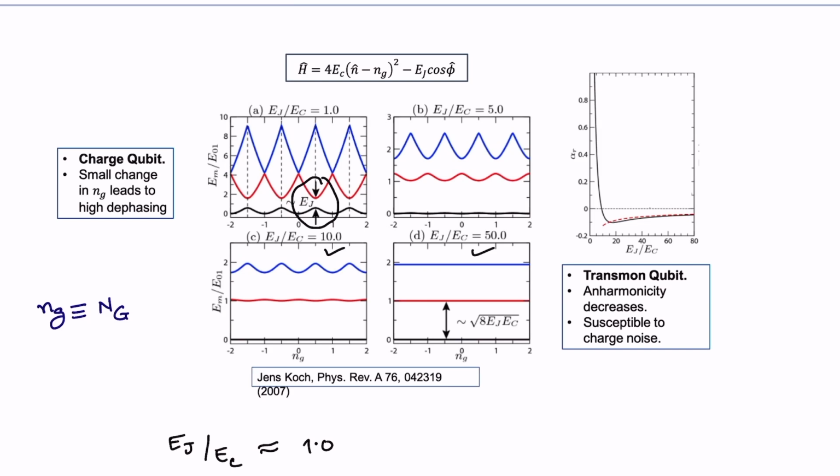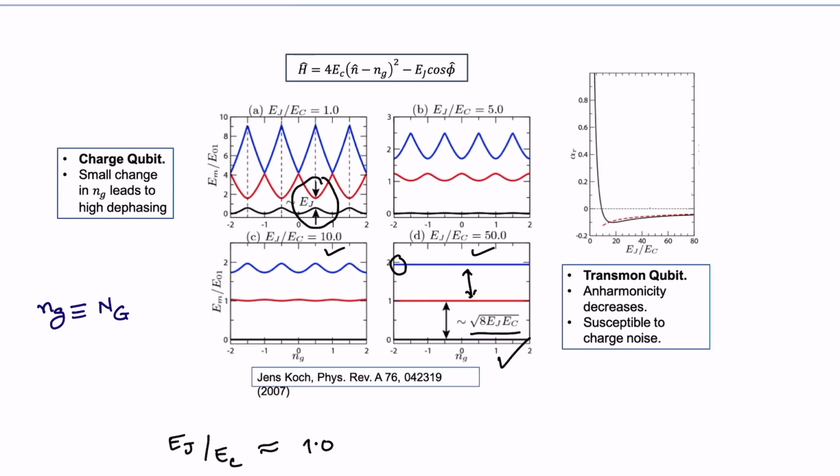I hope you are getting the idea of what I mean by anharmonicity. If you just look at this last subplot, the difference in energy is square root of 8 EJ EC, and this other energy level is almost equal to this one, but a slight difference is there by this amount.